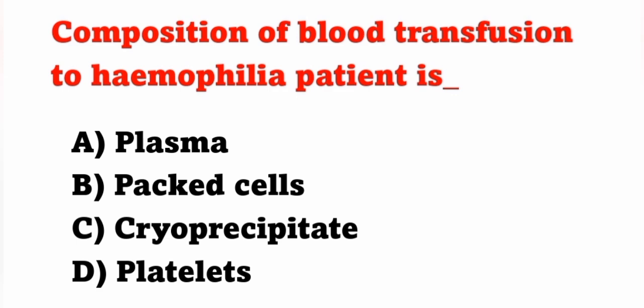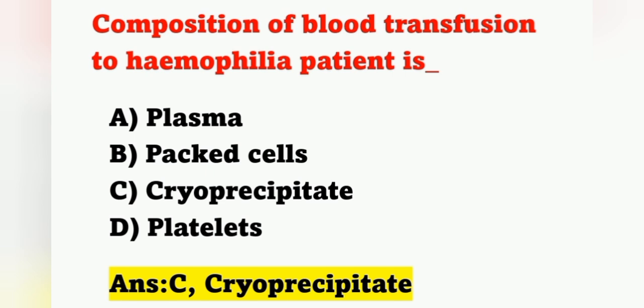Among this, which composition of blood will be administered to a hemophilic patient? It is cryoprecipitate. Option C is the correct answer. Cryoprecipitate, which is prepared from the plasma, contains fibrinogen and blood clotting factors.